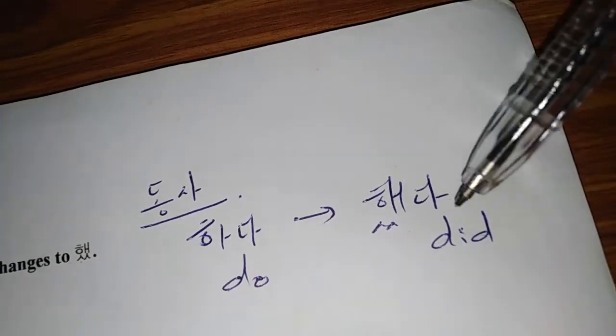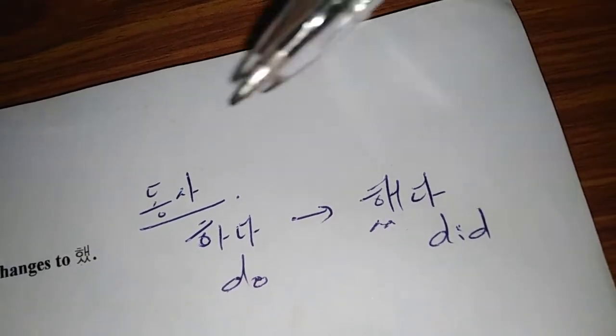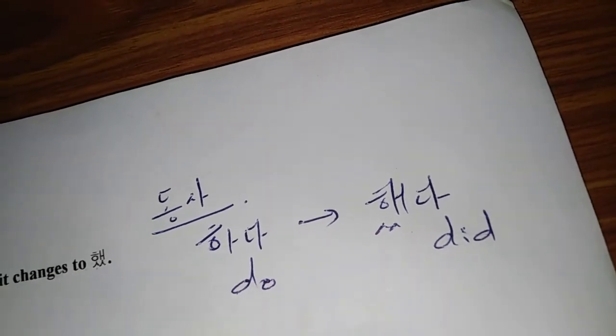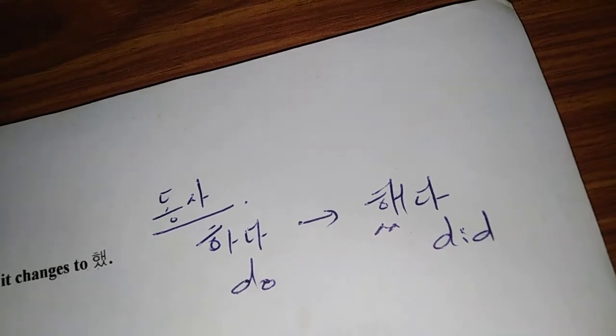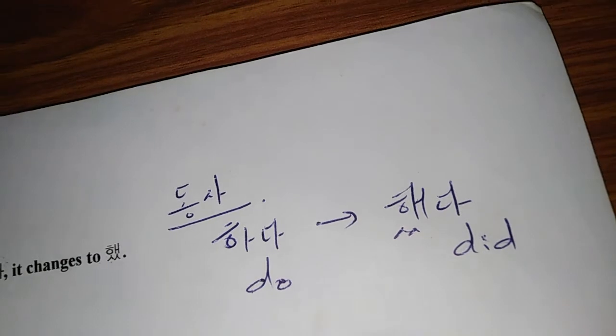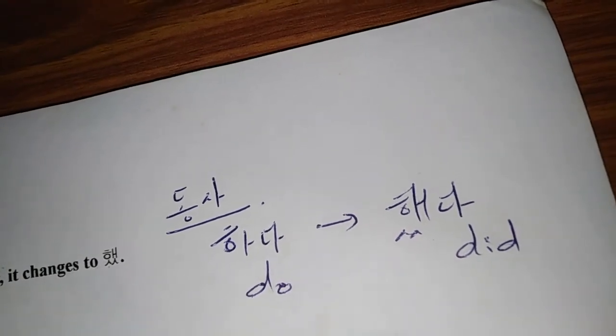So that ha would change to 했다. And this conjugation rule is the same for verbs and adjectives. For most of the stuff we're going to learn, to convert into different forms, it behaves exactly the same way.